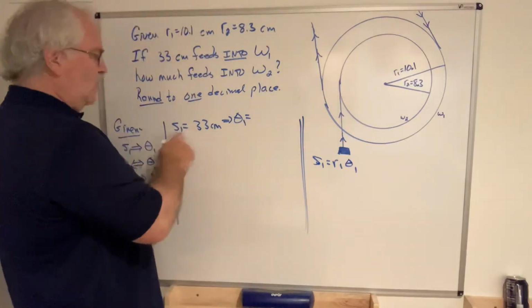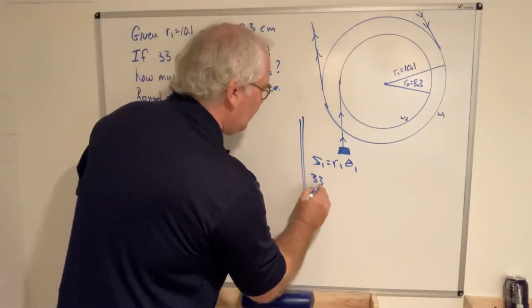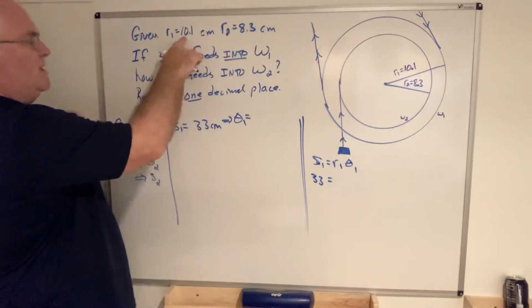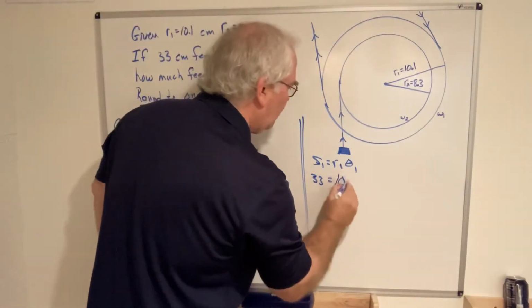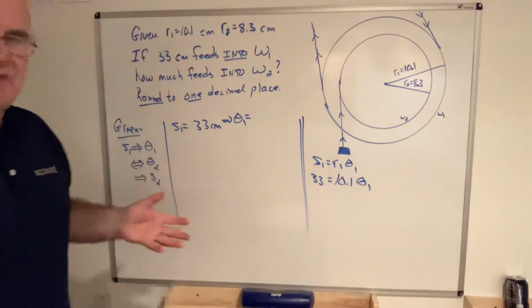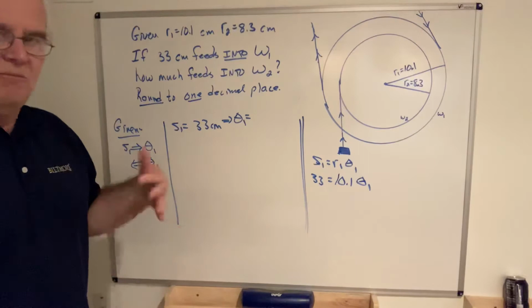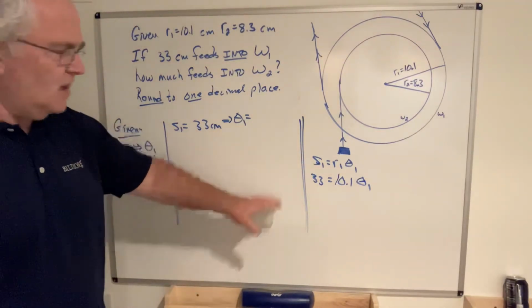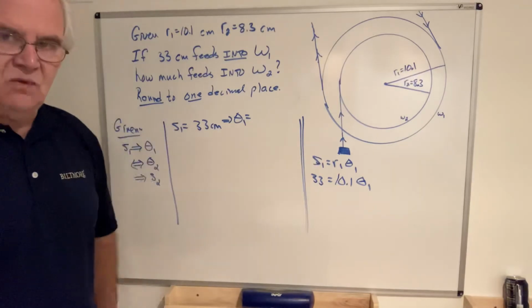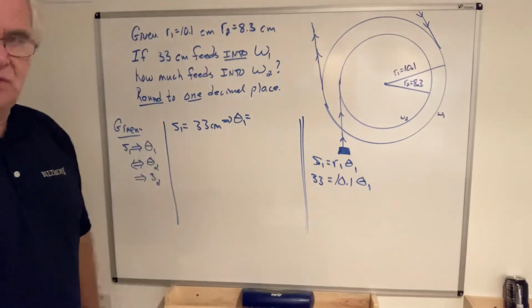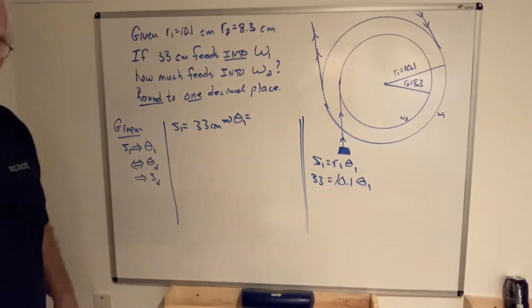And so S1 is given to be 33. Just plug and chug now. Radius 1 is known to be 10.1 times theta 1. Of course, what's happened is you've already turned the video off and worked it by yourself. If you haven't, turn the video off now. Pause the video and see if you can work this the rest of the way out, just to be sure. And then when you come back in, we'll make sure that I'm matching your work to make sure I did it right.